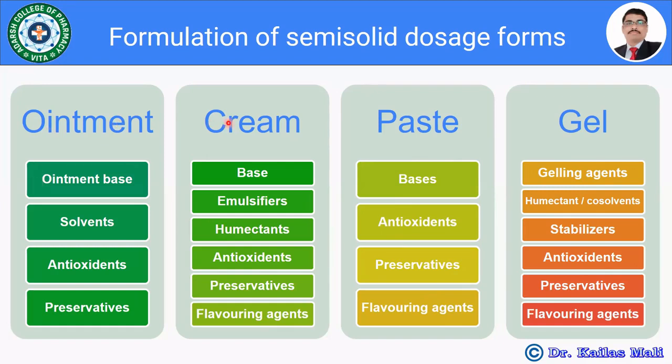In the case of cream, we are using either O/W type of base or W/O type of base. In the case of paste, the bases are different from the ointment. And in the case of gels, generally we are using the hydrocolloids as the gel base, or all these gelling agents. So this is about the formulation of semi-solid dosage form.